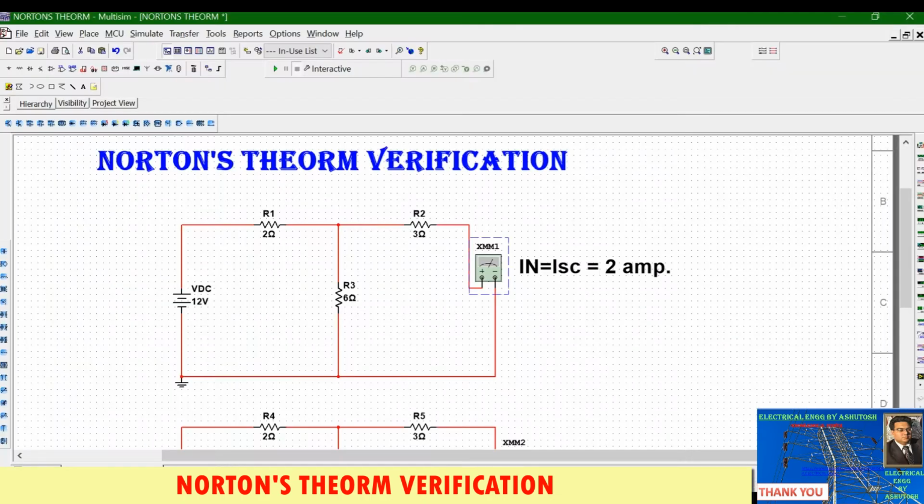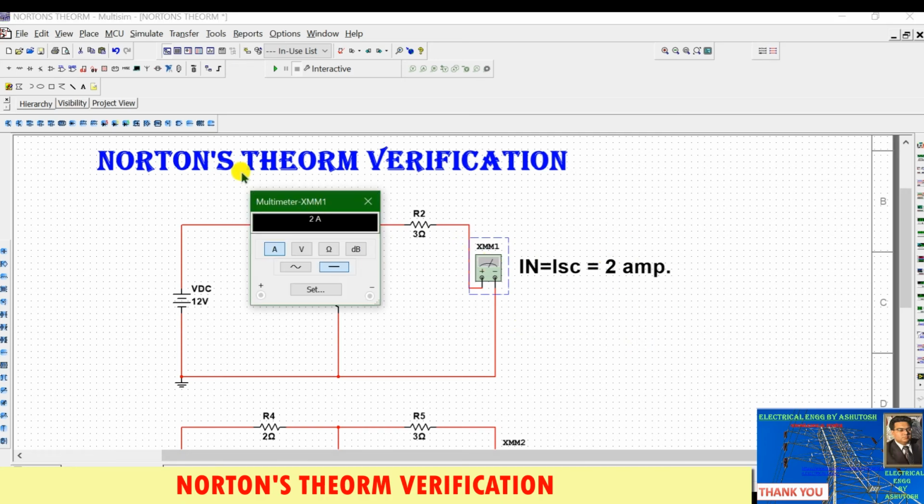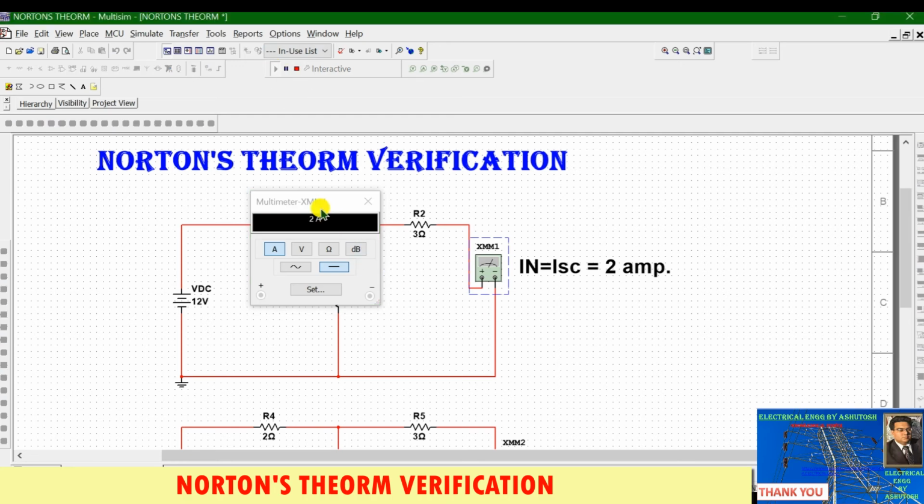Now we will move towards our simulation circuit. We have already drawn the circuit. This is the circuit. First we have to find the Norton's current. So we have connected a multimeter, and when you click on the run button, it will show the value.